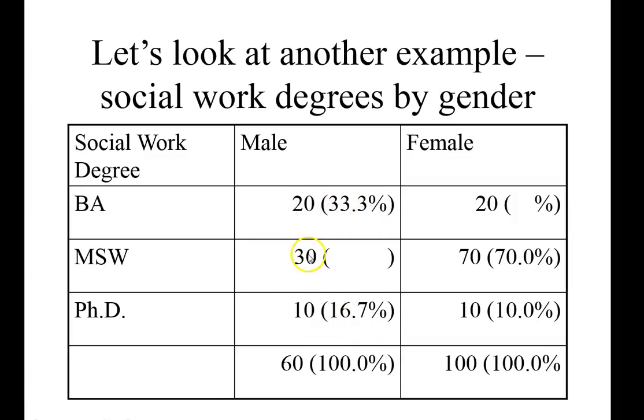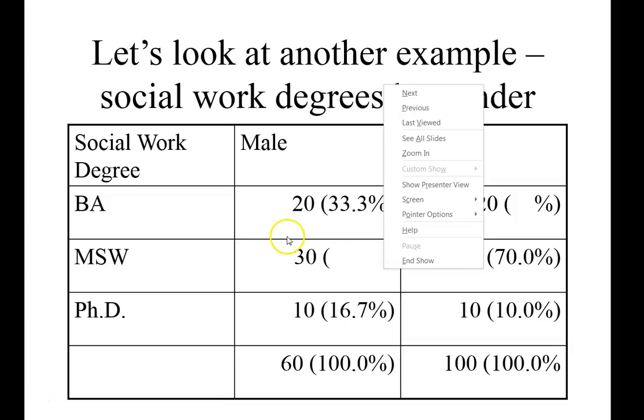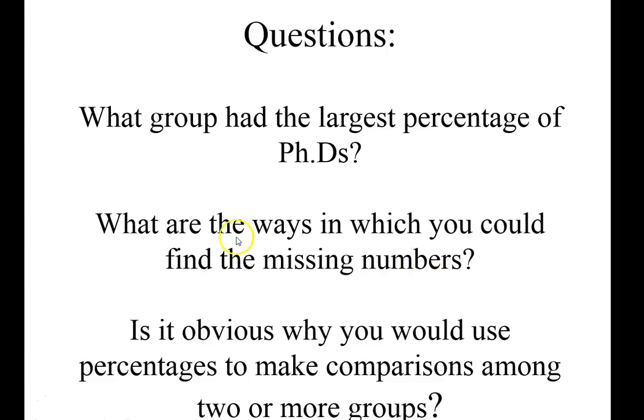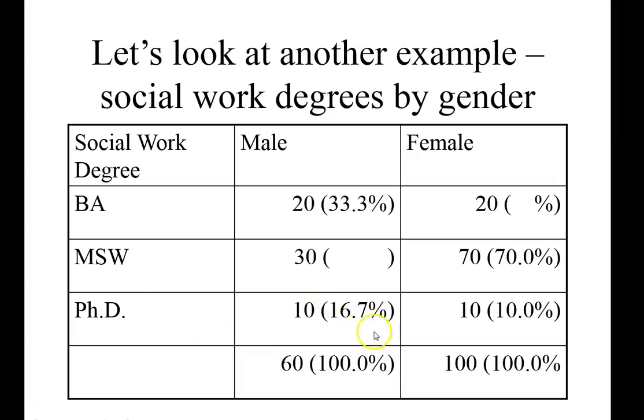So you would divide your 30 by 60, and you're going to get 50%. And the same thing over here. You're going to do 20 by 100, and you're going to get 20%. So what group had the largest percentage of PhDs? Okay, let's go back. Which one had the largest group?